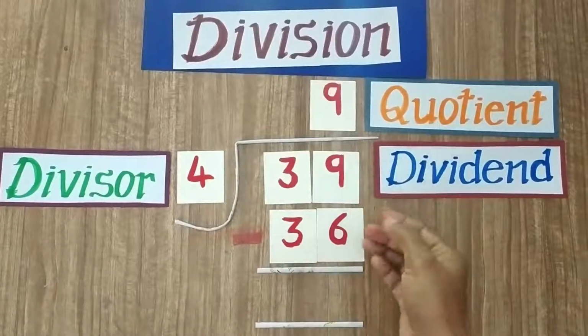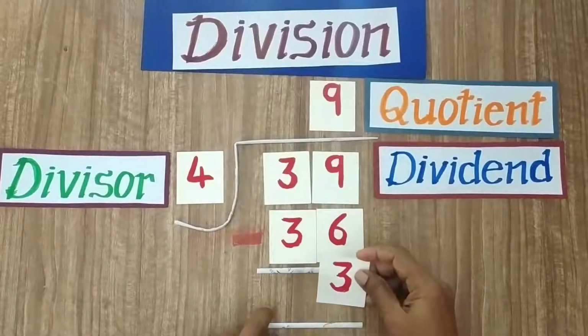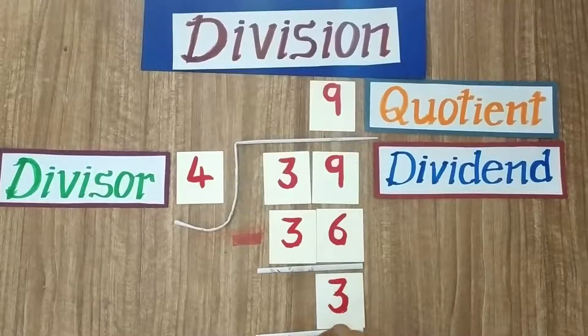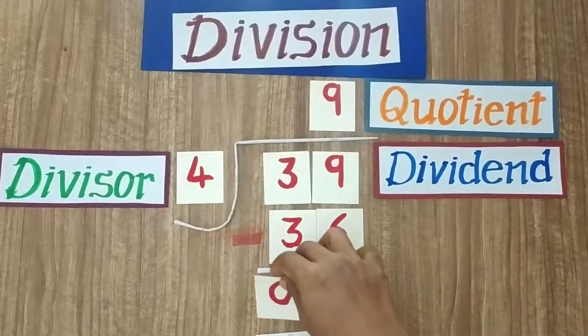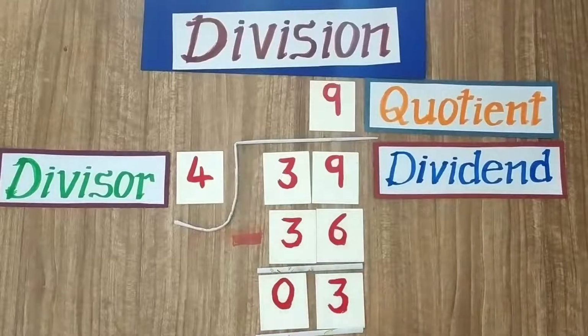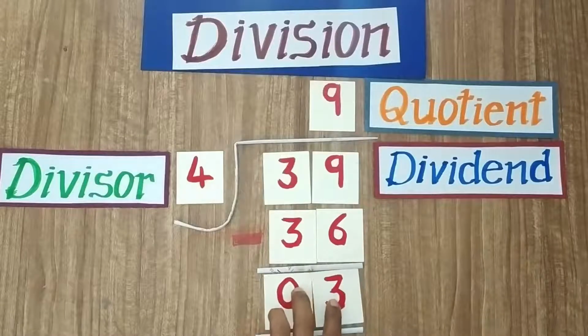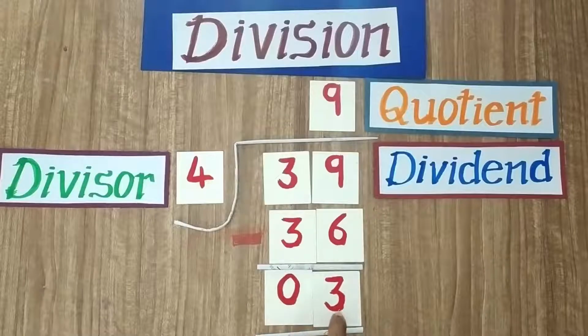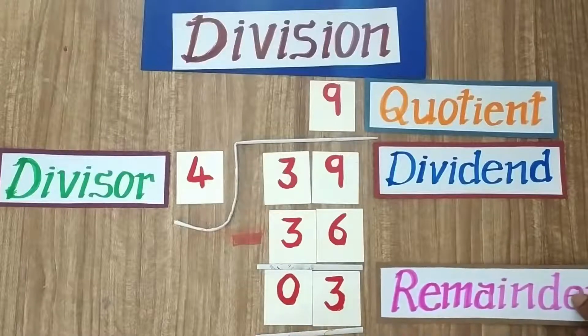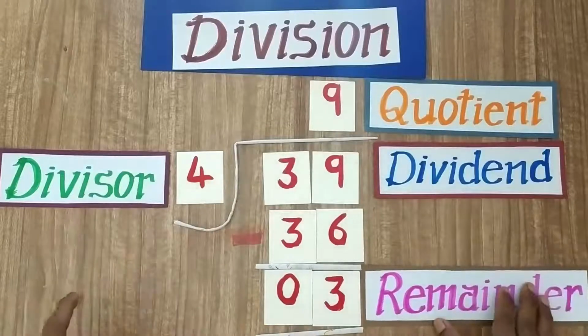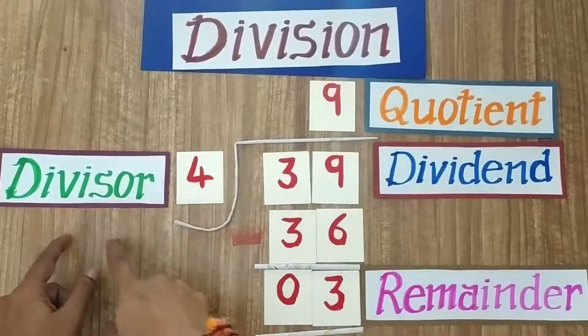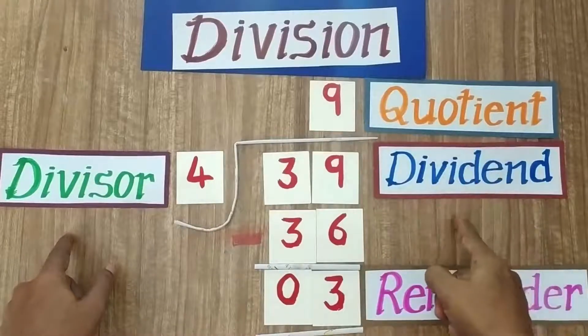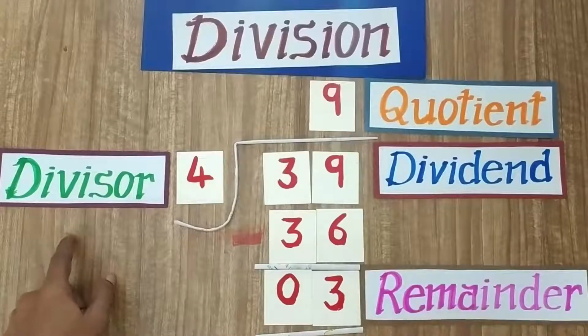Then after subtraction, how much do we get? 3 here, and here it will be 0. Okay, so here we get a number left over, other than 0. So this number is not completely divisible. This is called the remainder. So these are the terms which we use in division: divisor, quotient, dividend and remainder.